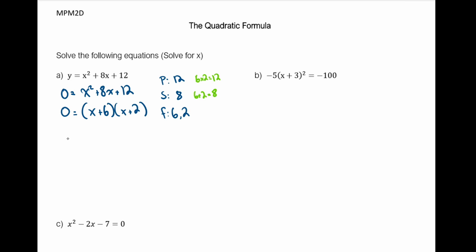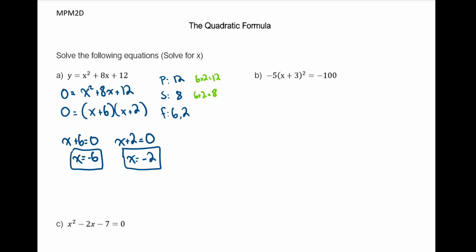Again, once we factor them, we set them equal to 0 and solve each part. So x equals negative 6 and x equals negative 2. Those are my two solutions.